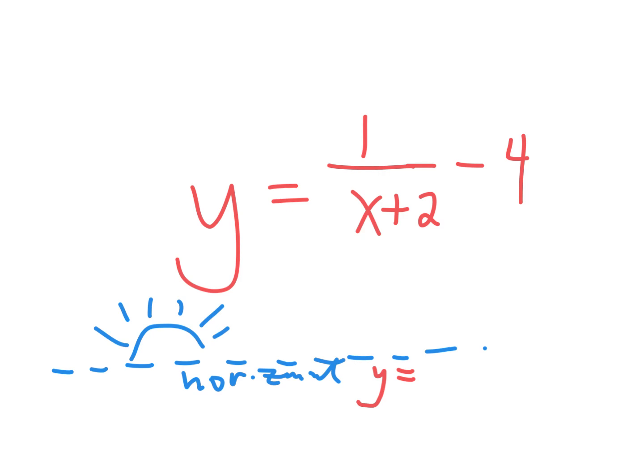See how I'm trying to tie in the y with the horizontal? Horizontal ones are y equals lines. That one comes from this. That tells you your horizontal asymptote: y equals -4. There will be a horizontal asymptote right here.